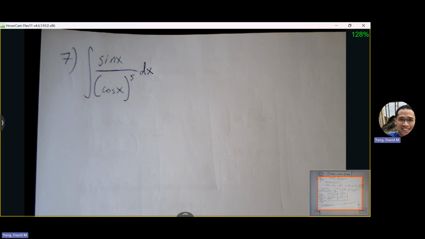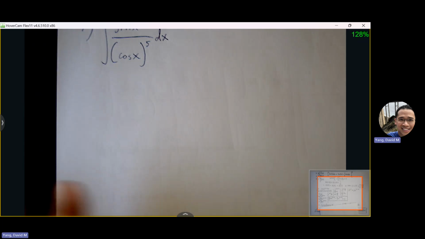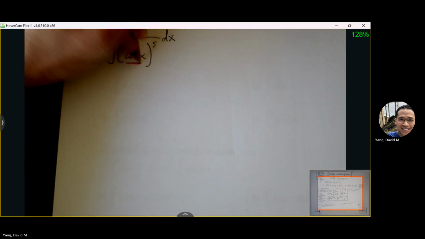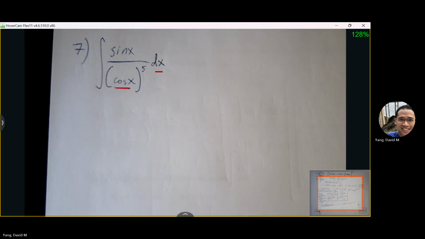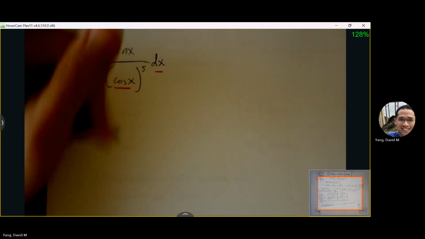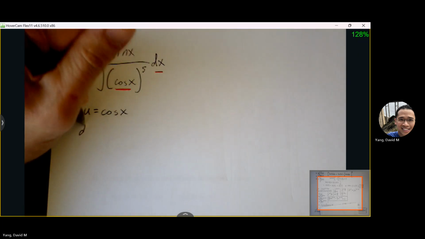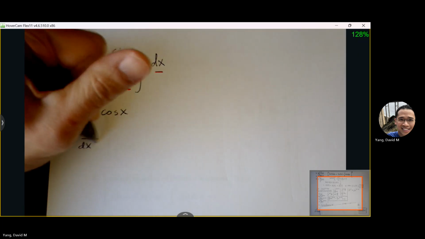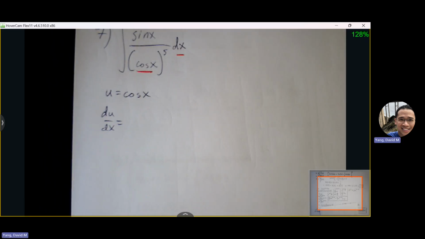And number 7. This is nice. It's already showing us a set of parentheses, so we already know where to look for our u value. Derivative of cosine is negative sine.